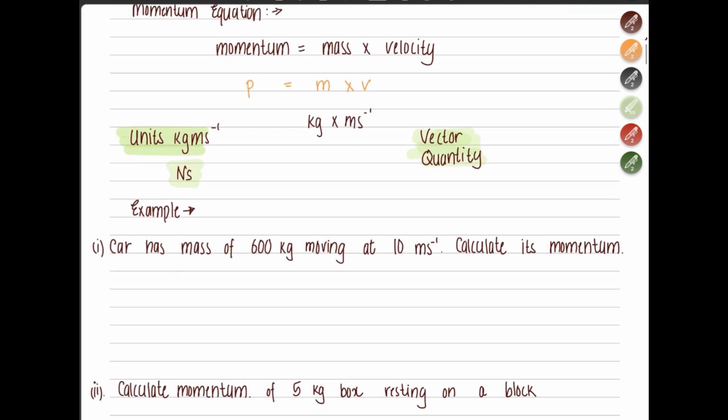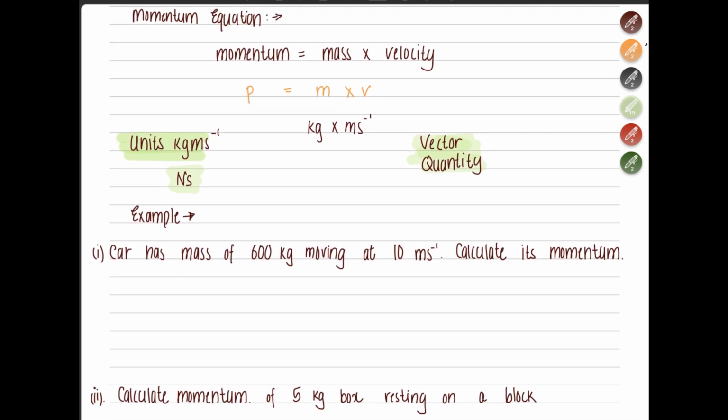Let's have a look at this example. A car has mass 600 kilograms, which is moving at 10 meter per second. Calculate its momentum. Formula for momentum is going to be mass times velocity. So this is going to be 600 times 10, and we get 6,000 kilogram meter per second. That's momentum.